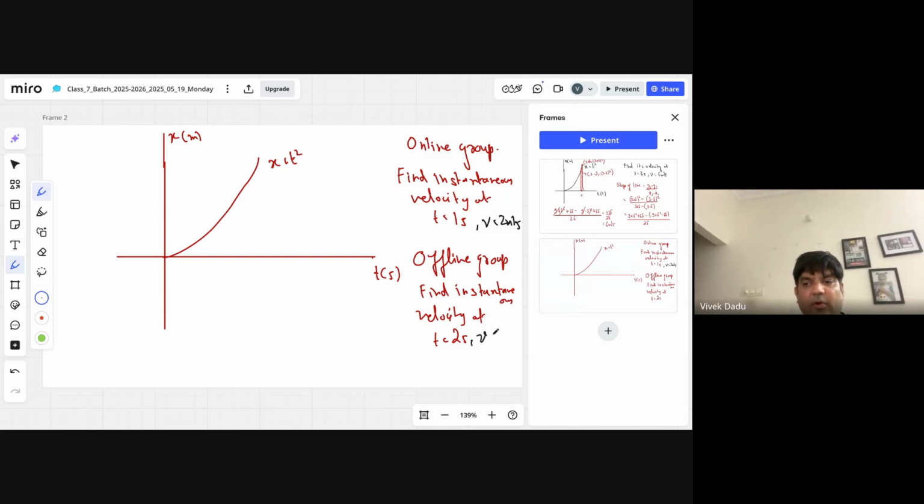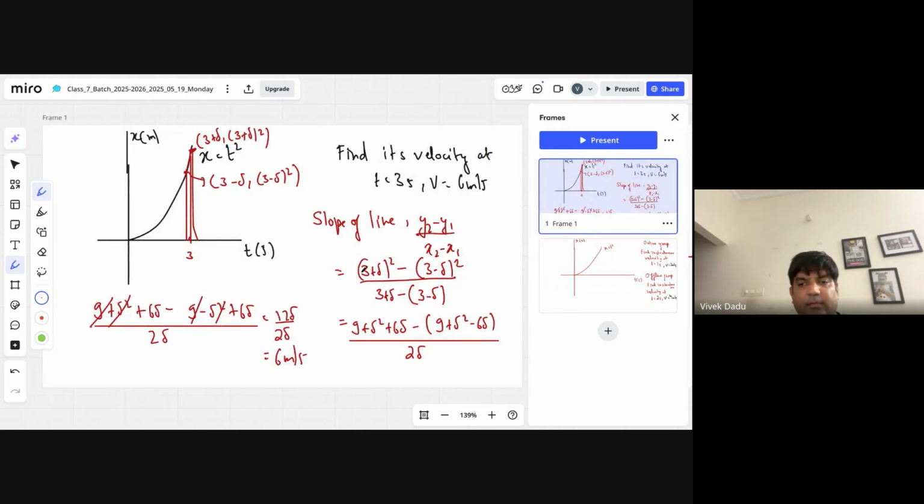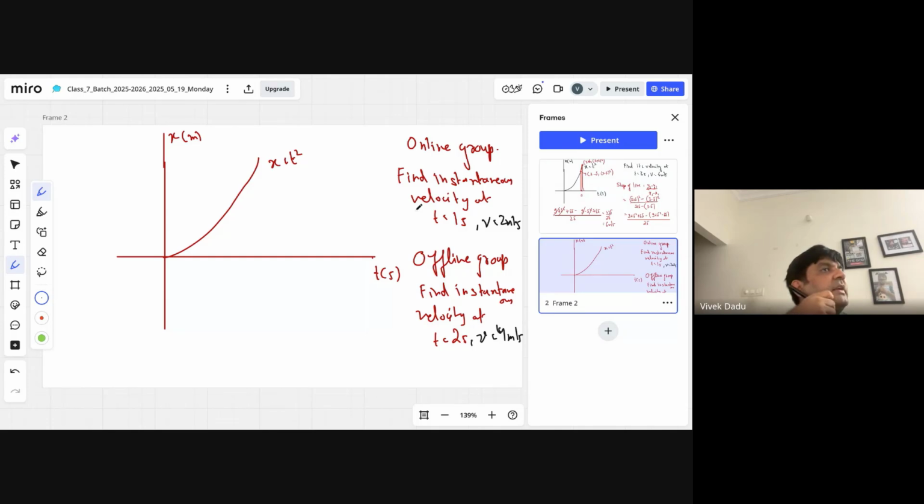And when the offline group calculated, they found 4 meters per second. Can you see a pattern here? Whatever the time, the velocity is becoming double of it. So there is a pattern going on, but mind it, that pattern only holds for x equal to t square.